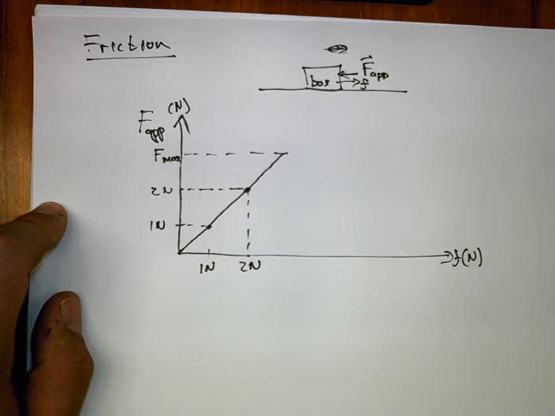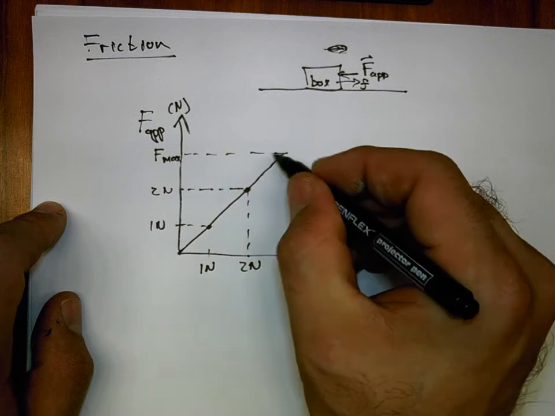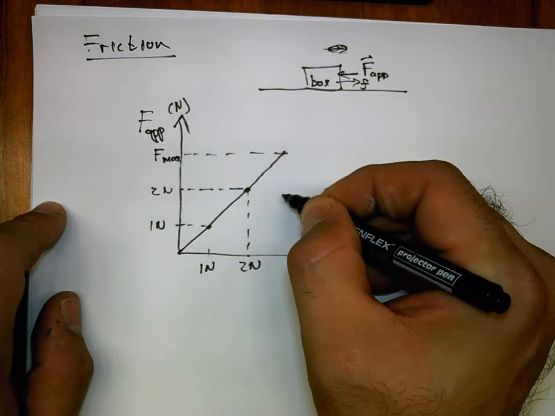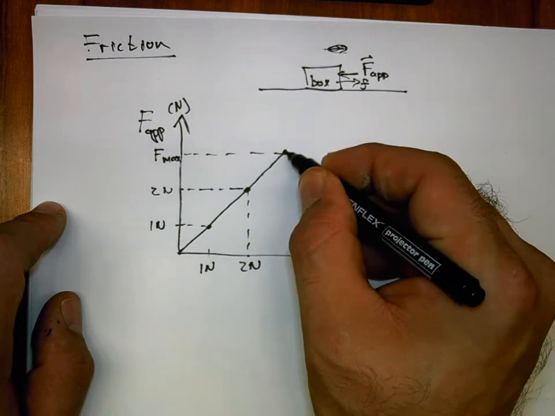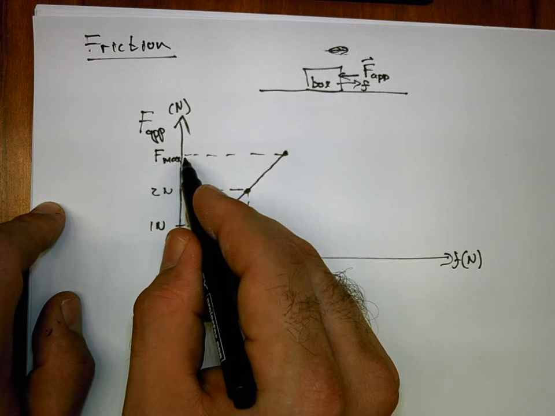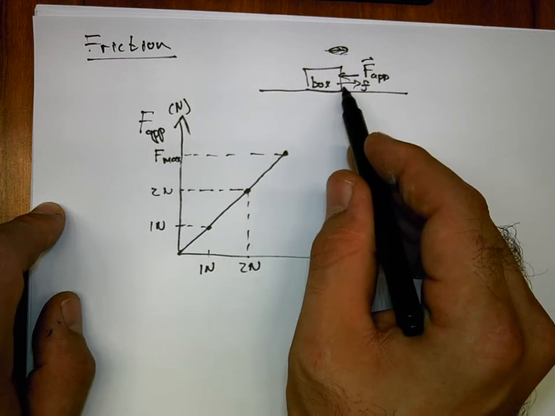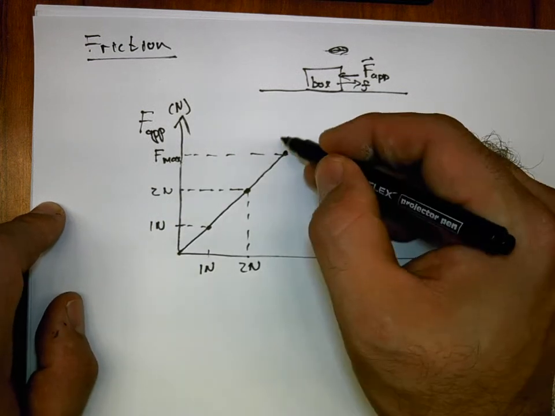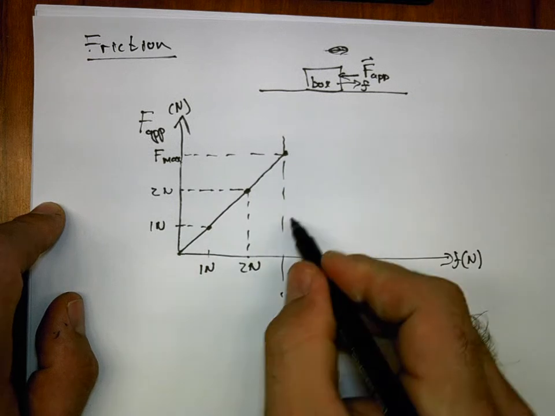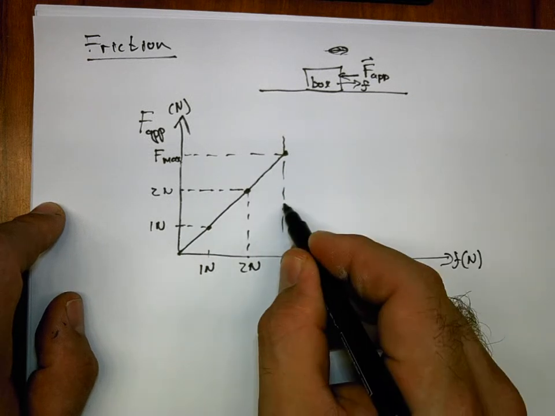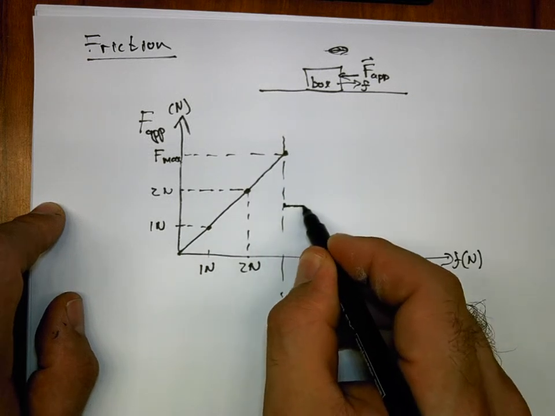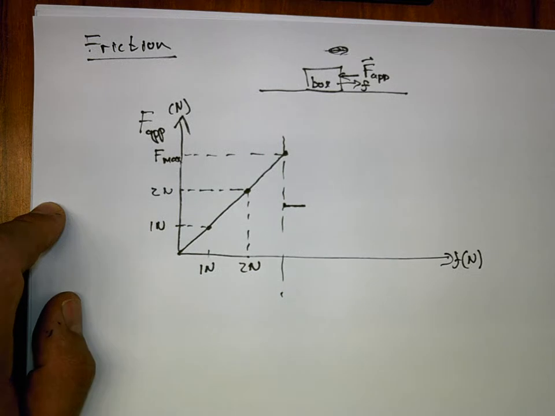So if I just push hard enough, all of a sudden I get motion, which means at this point, very suddenly, the force of friction must be less than the force that I'm applying, because that's the only way this box can get into motion. So at some critical point, suddenly the force of friction is something less, and to a good approximation, if I push harder and harder, the force of friction doesn't change.